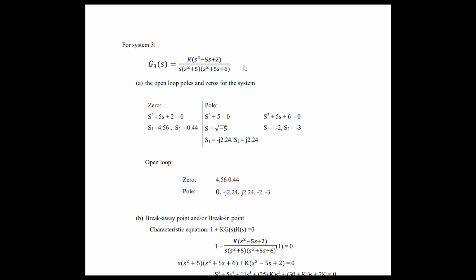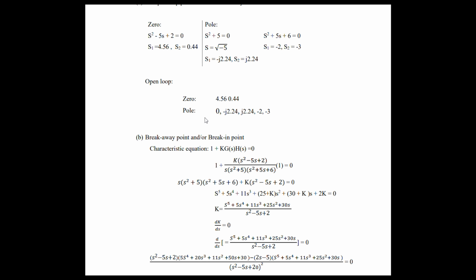So the system is open loop and there are zeros to the system. The zeros are S1 equals 4.56 and S2 equals 0.44. Meanwhile, for the poles, we get S1 is 2.24 and S2 is 2.24.